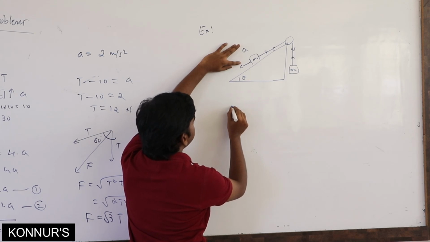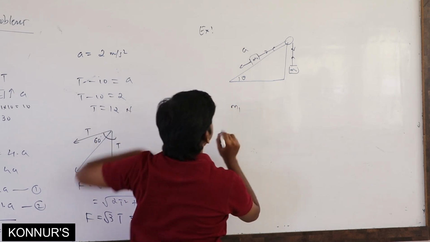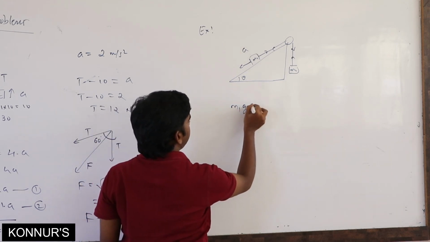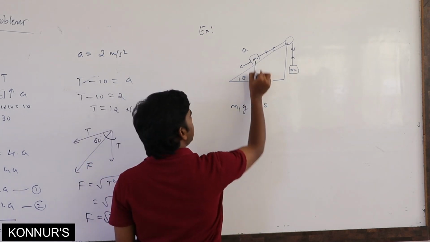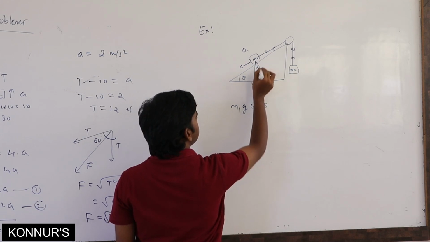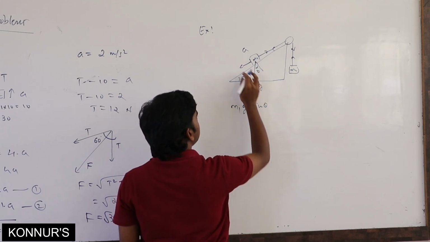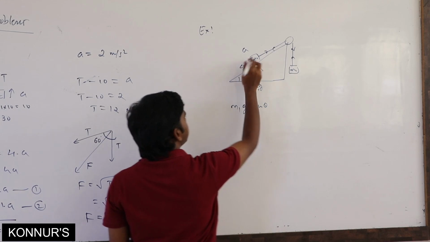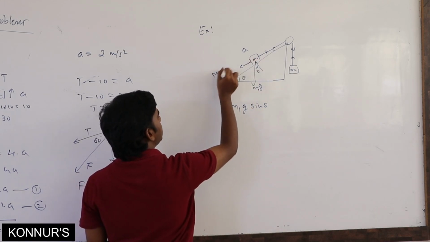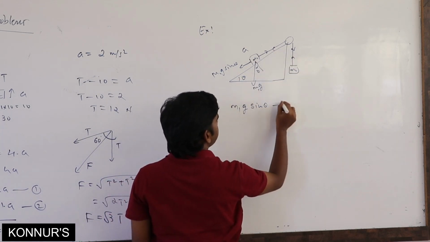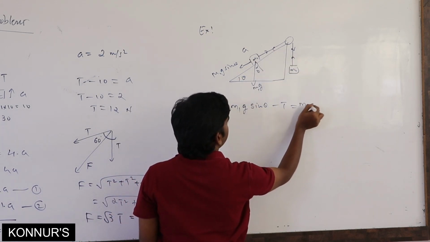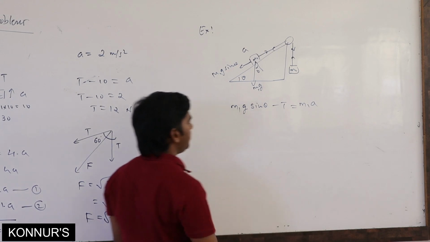Net force is m1 g sin theta. Are you getting or not? Because here g is there, this is theta, so this is mg. So m1 g sin theta is the force acting in this direction. In this direction minus T equals m1 into a.